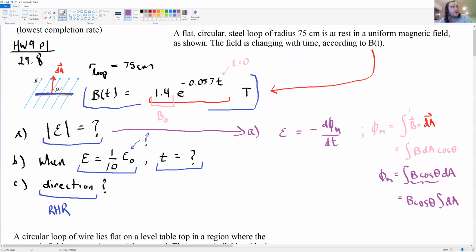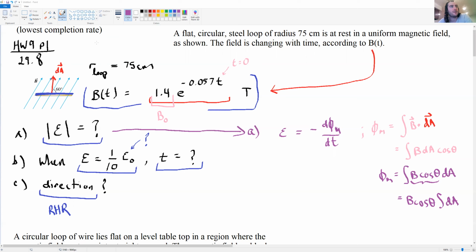And what is the integral of dA? Fundamental theorem of calculus. What is the integral of dA? Let's see in chat. A. Good. David is really paying attention. So the integral of dA is just A, right?